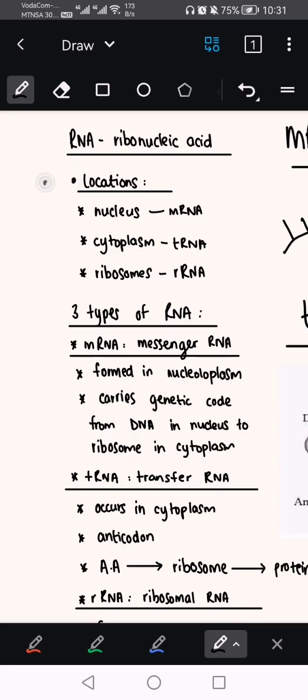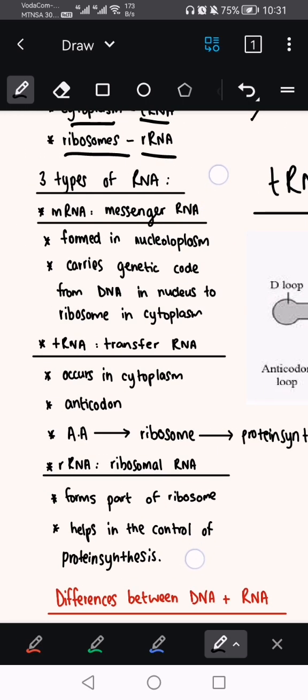The locations: it's found in the nucleus, which is mRNA, cytoplasm, tRNA, ribosomes, rRNA. You can remember that. It's easy to remember. There are 3 types of RNA. Firstly, you start with mRNA, which is known as messenger RNA. What is important to note is that this messenger RNA is formed in the nucleoplasm, and it carries a genetic code from DNA in the nucleus to the ribosome in the cytoplasm.